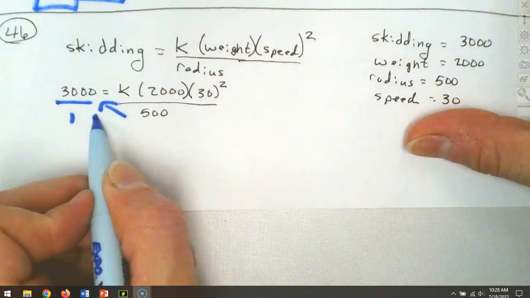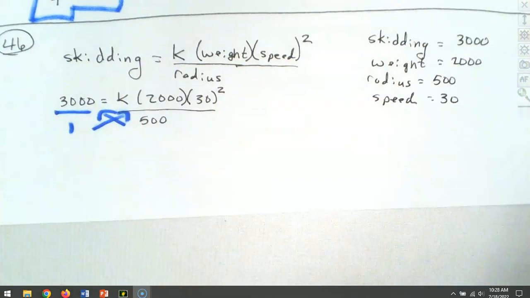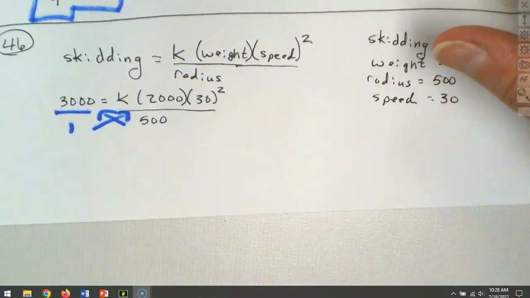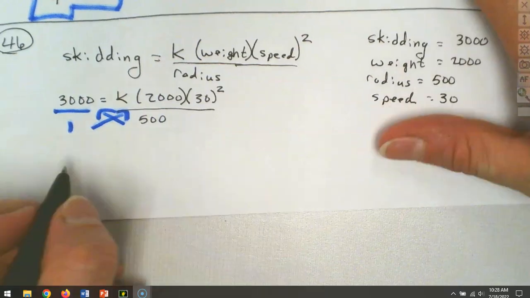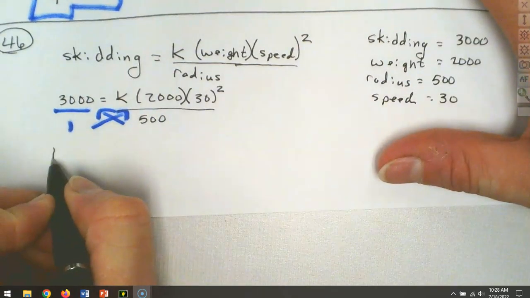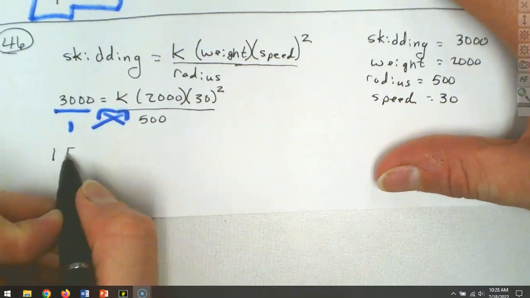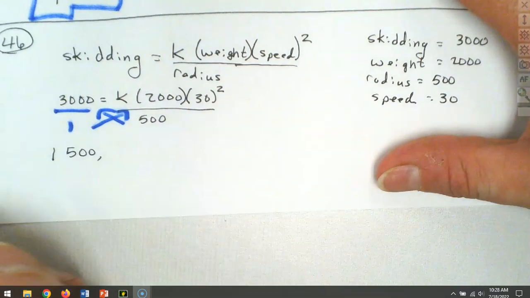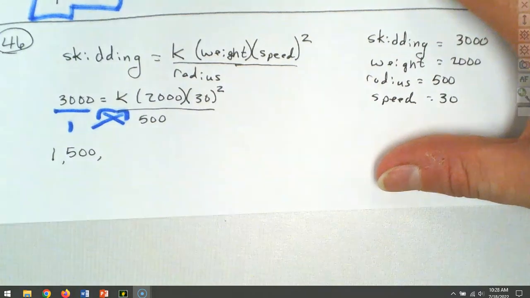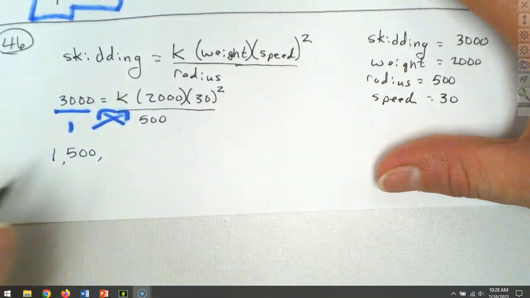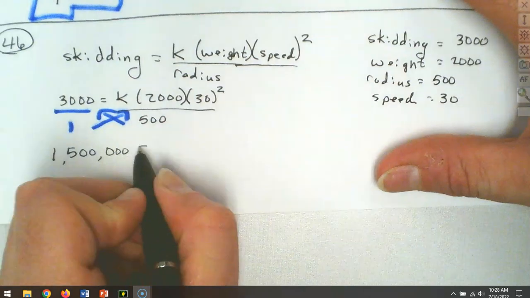And this is just calculation, so you just use a calculator here. We've got our 3,000. Multiply that by that 500. And that's going to be, it looks like 1.5 million. And that's going to equal K.